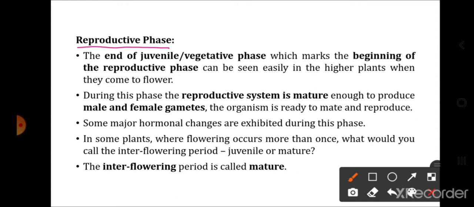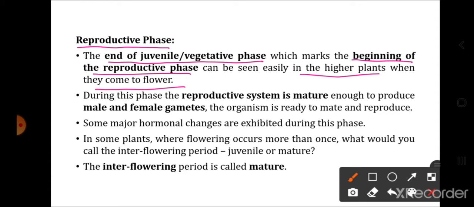That phase is called the reproductive phase. The end of the juvenile or vegetative phase marks the beginning of the reproductive phase.